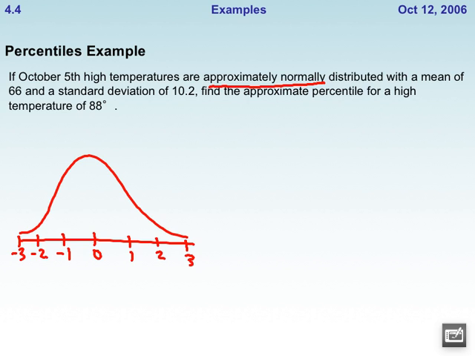It says our mean is actually 66, standard deviation of 10.2. Kind of ran out of room, but I just added 1 standard deviation, subtracted 1. Okay, high temperature at 88 is about here.